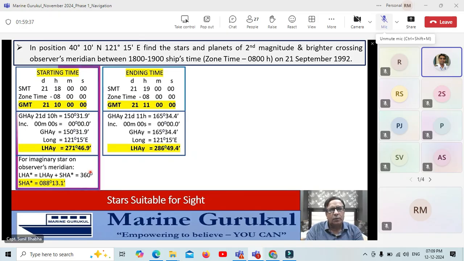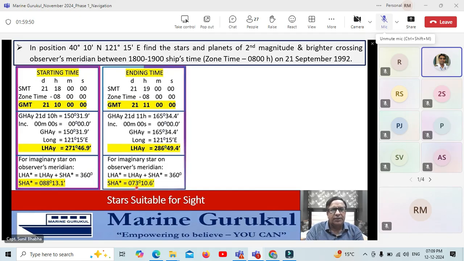Exactly the same way, we can get the SHA of the imaginary star on the observer's meridian at the end of the interval. And we get this value to be 73 degrees 10.6 minutes.